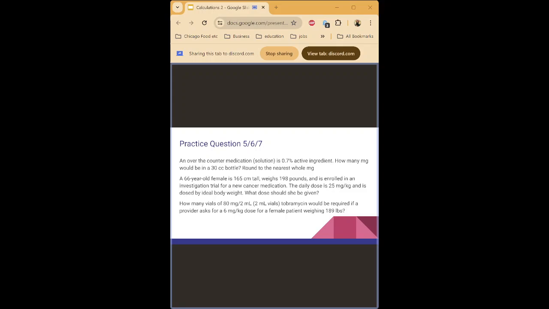What dose should she be given? Once again, we're going to be doing ideal body weight. Daily dose is 25 mg per kg, and we have 165 centimeters tall and 198 pounds.